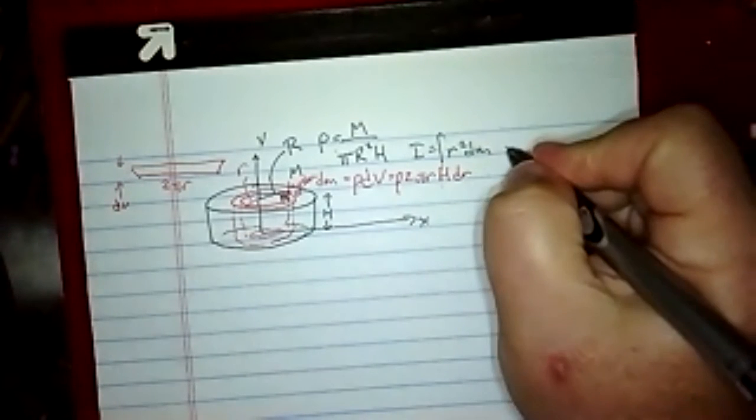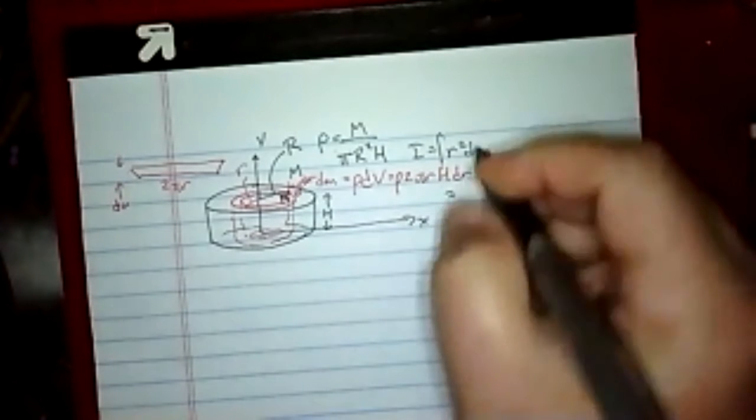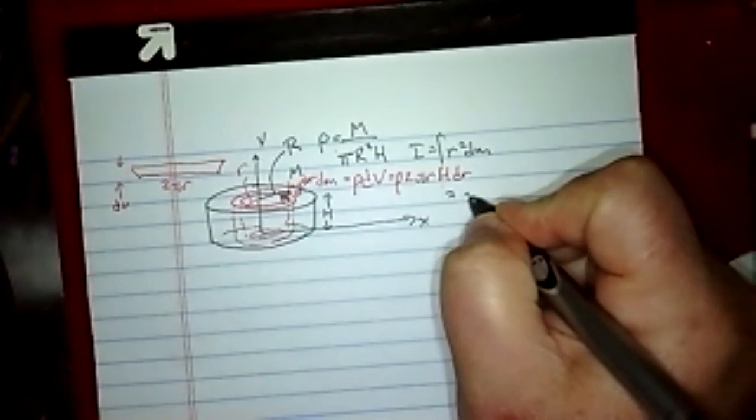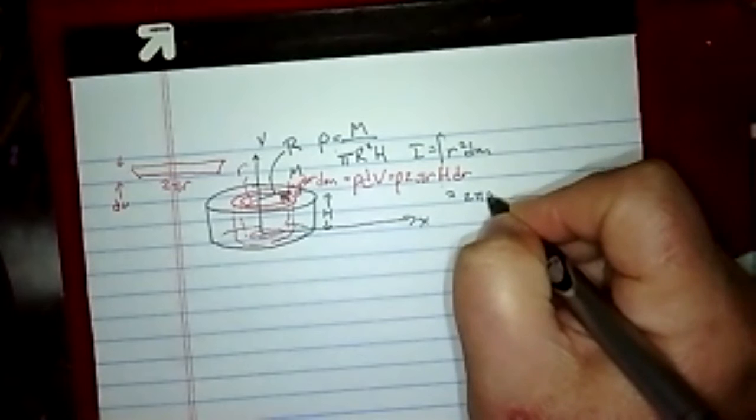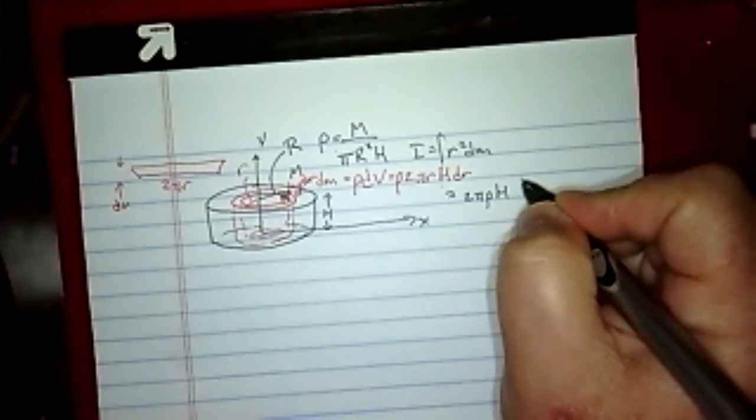So we should be able to integrate that. This is going to be equal to, I'm going to pull out all the constants, 2 pi rho h. Those are all my constants.